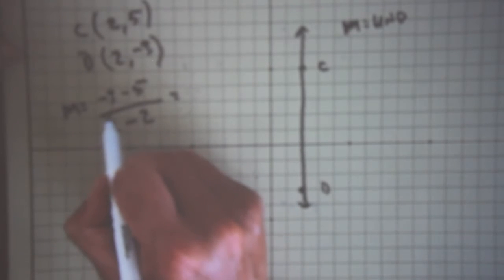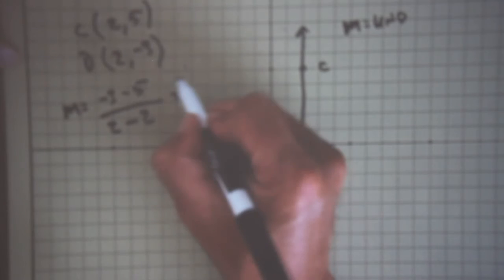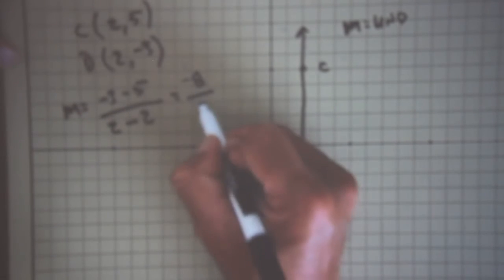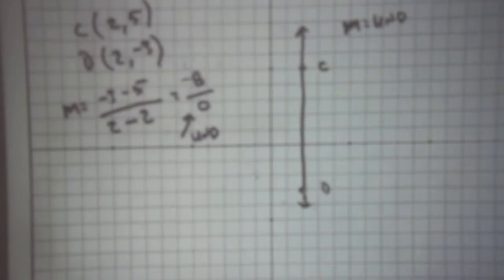I'll get in the numerator, good review of integer work, -3 subtract 5 means, well, you're going to have a bigger negative, so -8 over 0. And the fact that we have 0 in the denominator, anytime we have 0 in the denominator, that becomes an undefined value for us because we never ever divide by 0. That's why the slope is undefined.